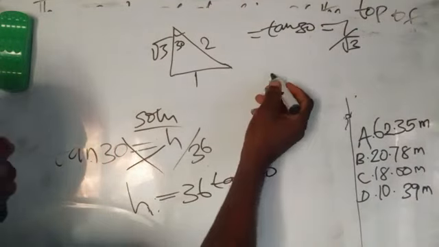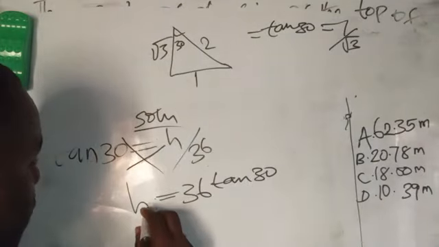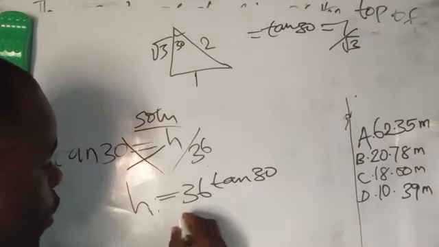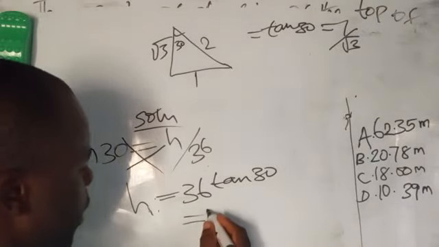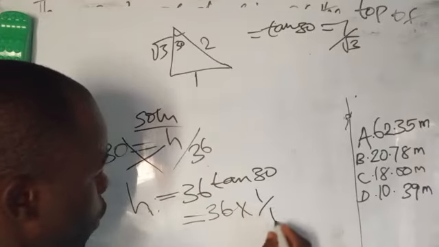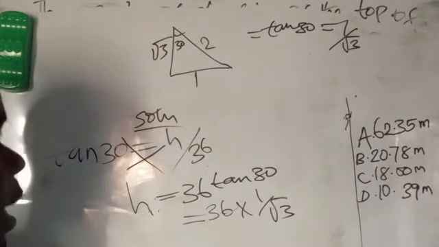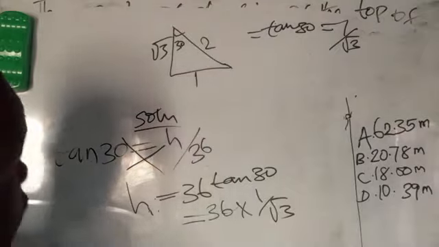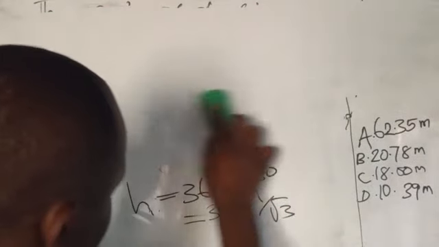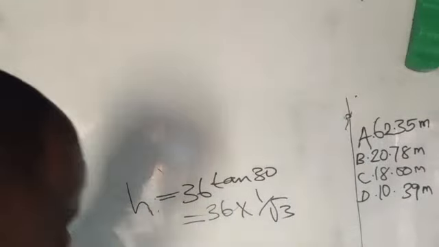So now you come here and say it is equal to 36 times 1 all over square root of 3. Then you rationalize the surd. At this point, you can use your calculator to get a final answer.